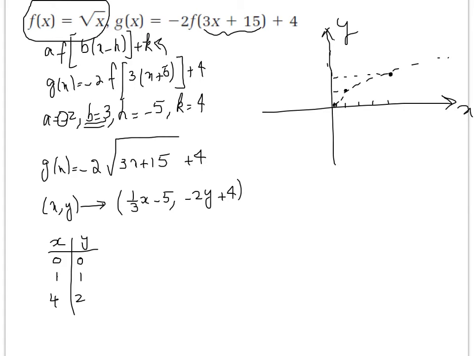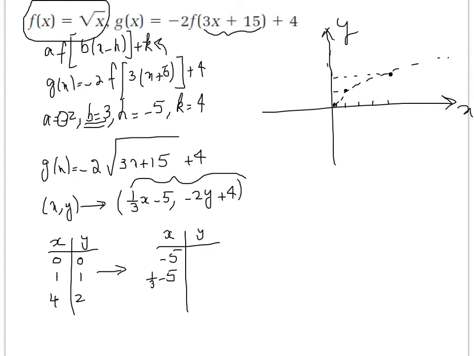Now to graph the second function, which is g of x, I'm going to use the mapping notation and see what the new points are going to be. When x is 0, 1 over 3 times 0 is 0, minus 5. When x is 1, 1 over 3 minus 5.